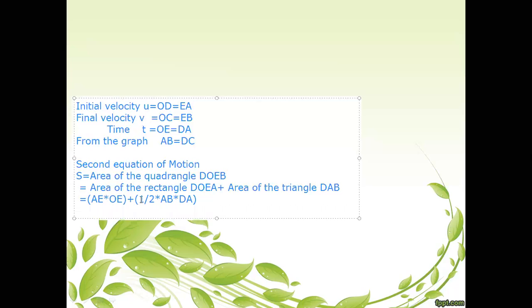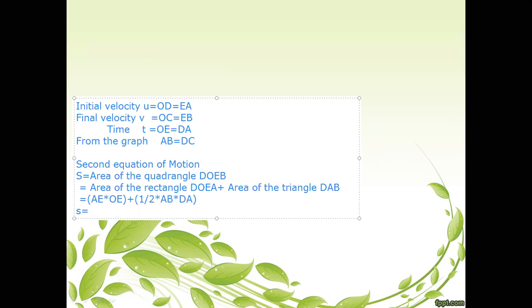So AE into OE is equal to UT because of the initial velocity, and half into AB into DA equal to AT square. So S equal to AE into OE value.